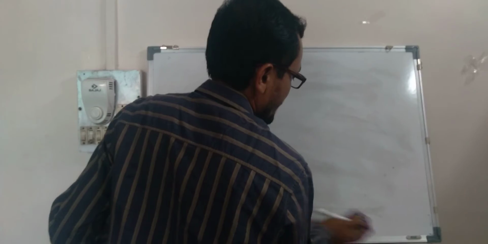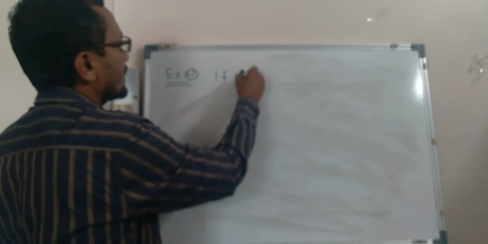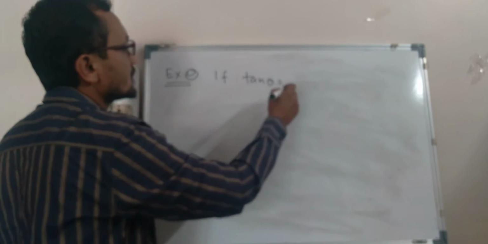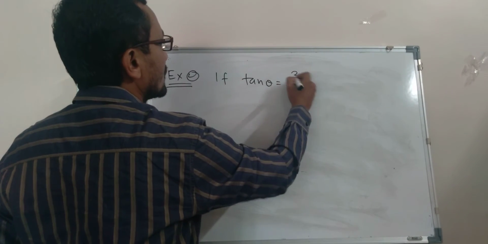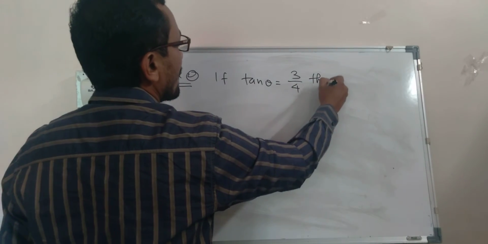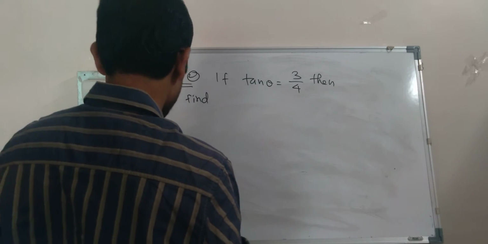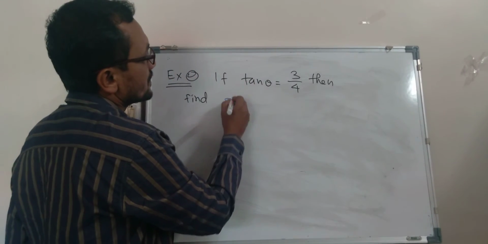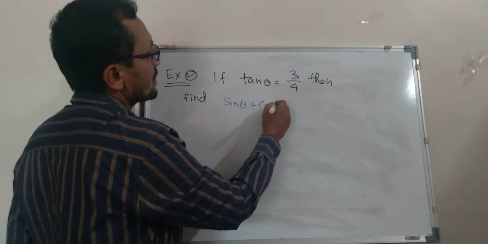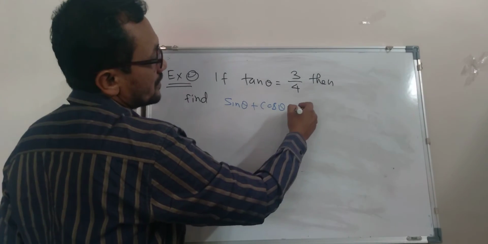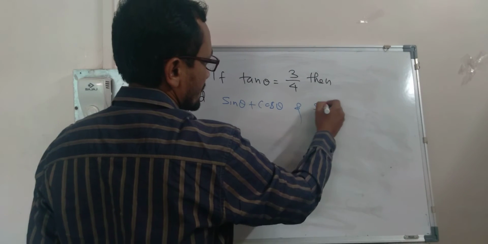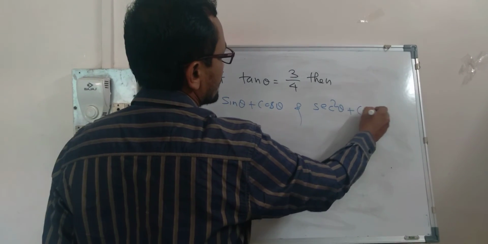So we have example number 2. Let's start with this example 2. If tan theta is 3 by 4, then find sin theta plus cos theta and sec square theta plus cosec square theta.